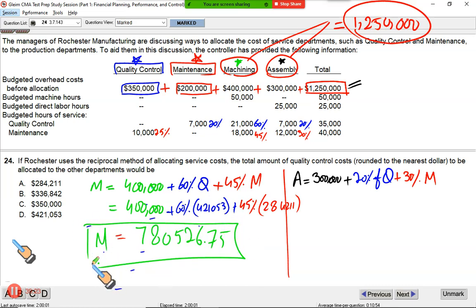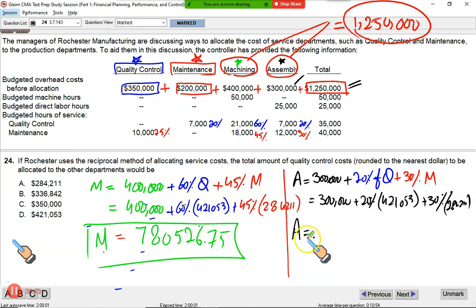Okay, let me do that for assembly. Assembly is going to be 300,000 of its own, given here, plus it contains 20% of quality, which we learned previously to be 421,053, and 30% of maintenance, which is basically 284,211.